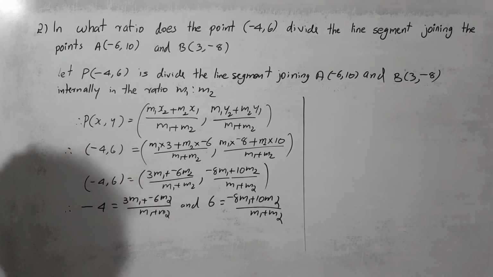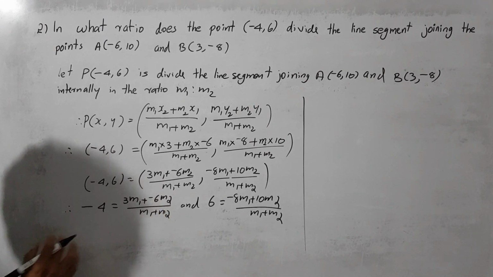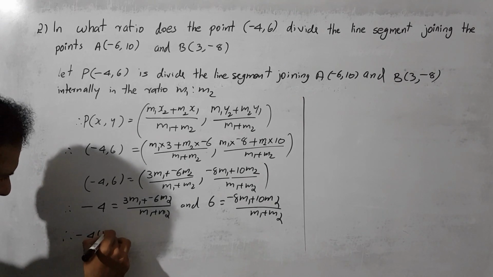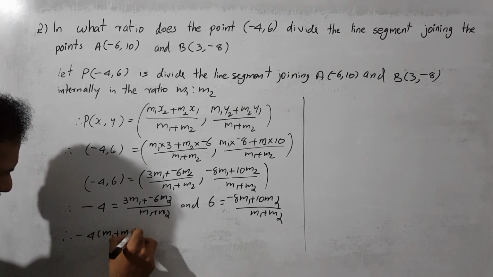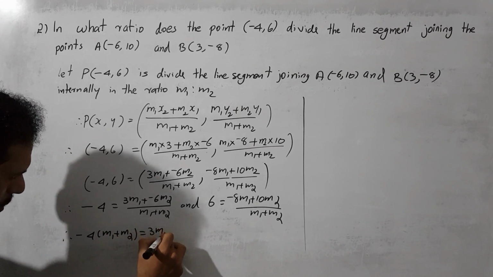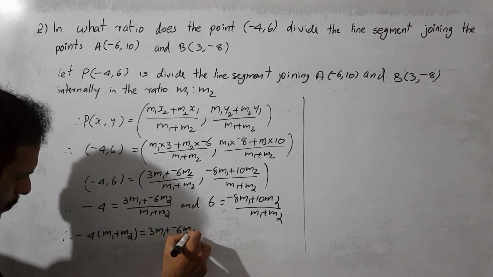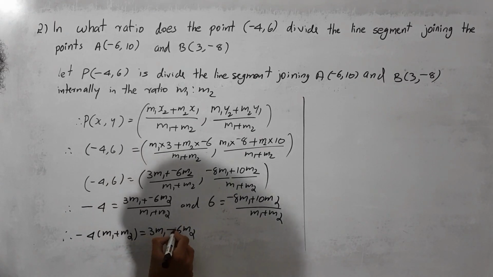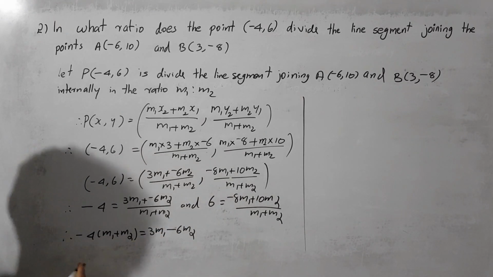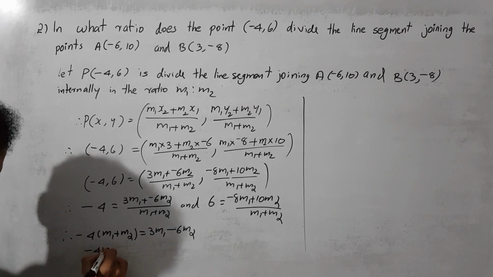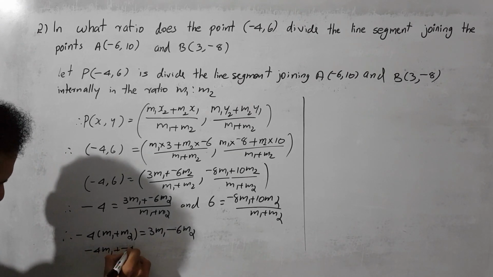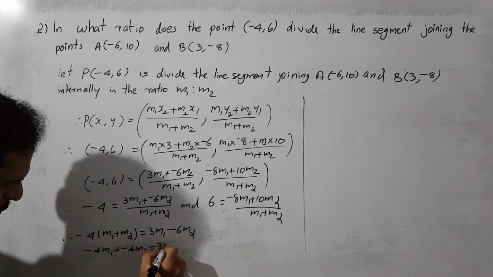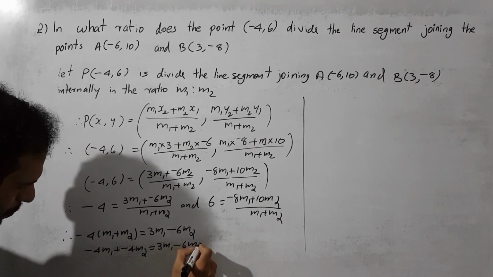Then -4 into (m1 plus m2) is equal to 3m1 plus -6m2, or 3m1 minus 6m2. Okay, then we expand the bracket: -4m1 plus -4m2 is equal to 3m1 minus 6m2.